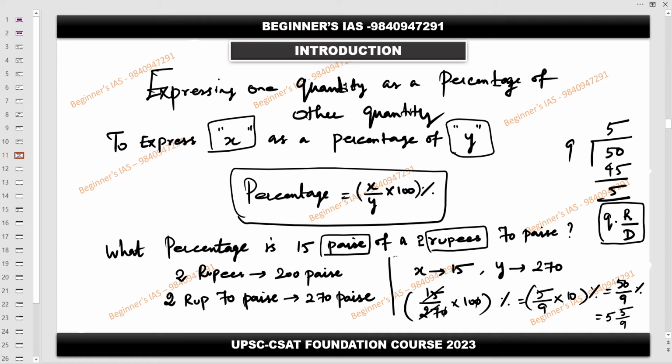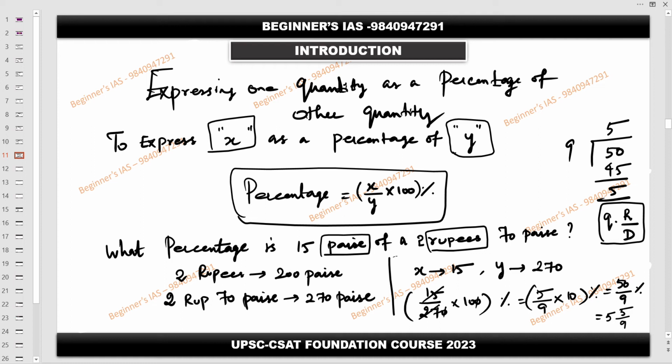Sorry to interrupt, sir. I had a silly doubt. Suppose you have written 2 rupees equal to 200 paise. So 2 rupees 70 paise, which you have written as 270 paise, is that 200 plus 70? That's the reason you wrote 270, sir. Yes, 2 rupees is nothing but 200 paise.